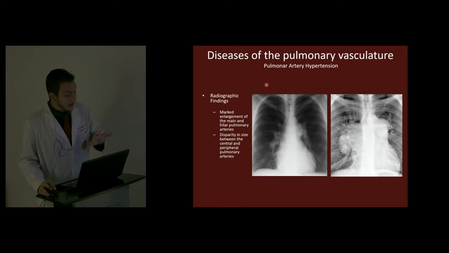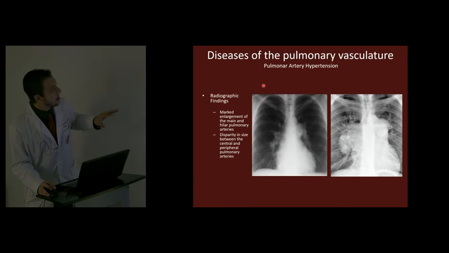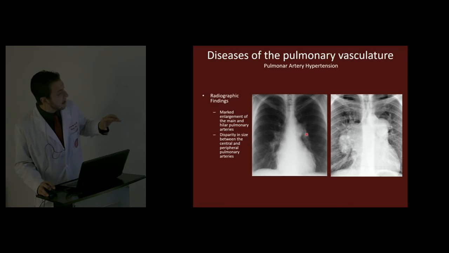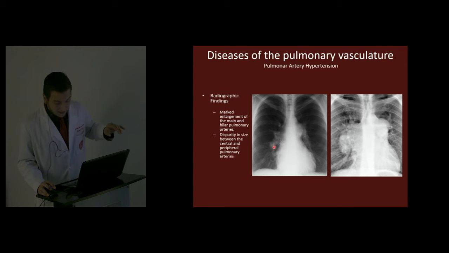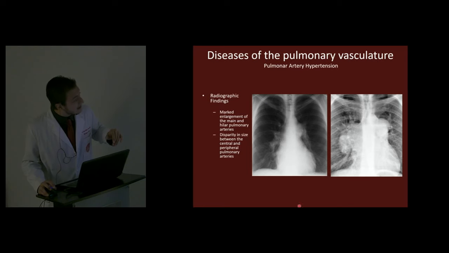For example, in the precapillary causes, we can see a marked enlargement of the main and hilar pulmonary arteries. The interlobar artery has to be equal or less than 16 millimeters. If it goes over that, it is considered pathological. In this chest X-ray, we can see how the pulmonary arteries taper distally and show less flow.